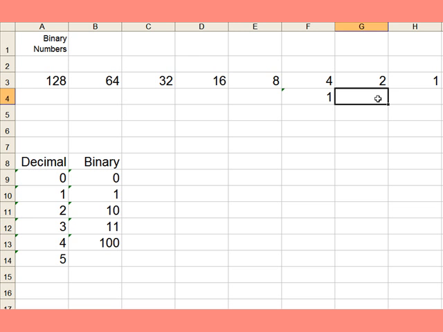A 4, no 2's, and a 1. So we have 1, 0, 1. Here's 6. A 4 and a 2. No 1's. 1, 1, 0. A 7. In binary, 4, a 2, and a 1. Or 1, 1, 1.